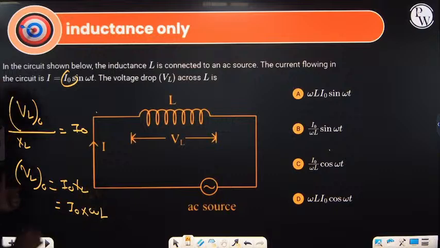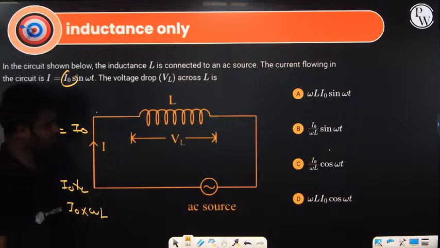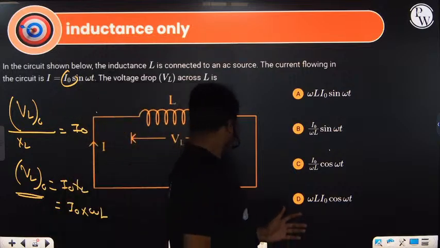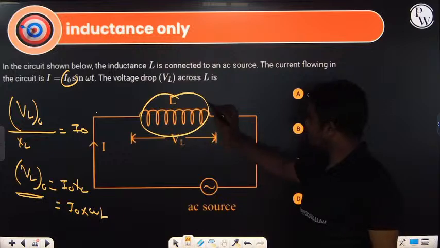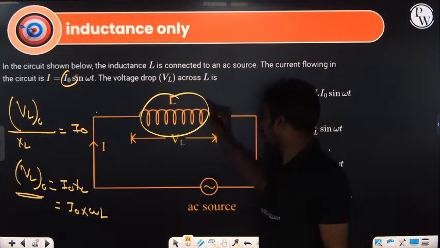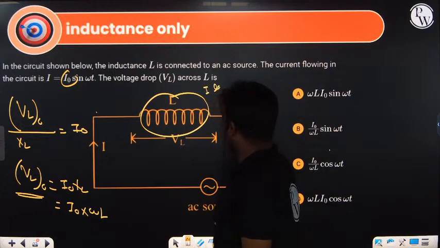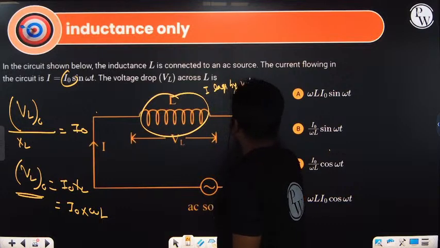Now here this is the maximum value, but we want it in terms of sine or cos. This is a purely inductive circuit. As it is purely inductive, will the current be lagging or leading? Current will be lagging. I lags the voltage by pi by 2.